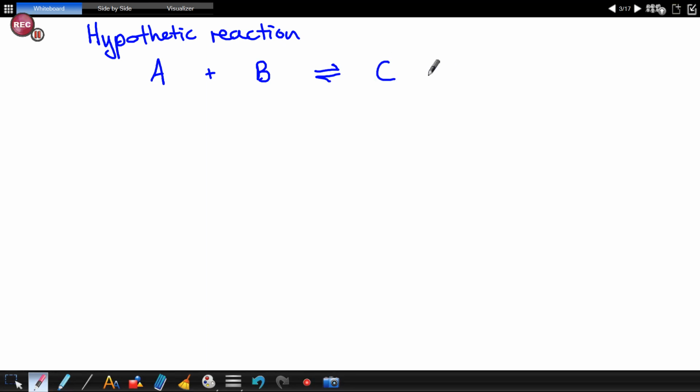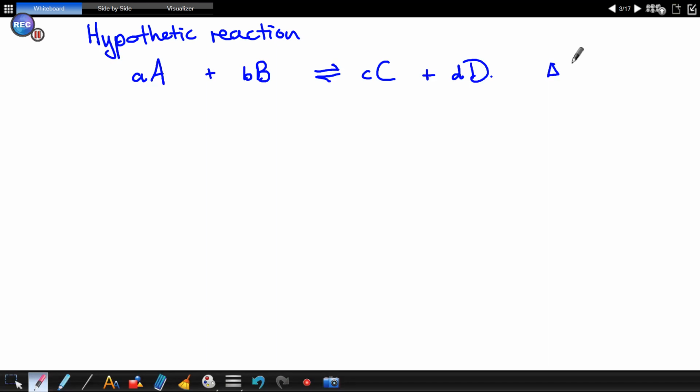So I want to do a hypothetical reaction. It is possible that you can be exposed to a hypothetical reaction. If you have reactant A and a reactant B making a product C and a product D, and the coefficient of A is little a, B is little b, C is little c, and D is little d.